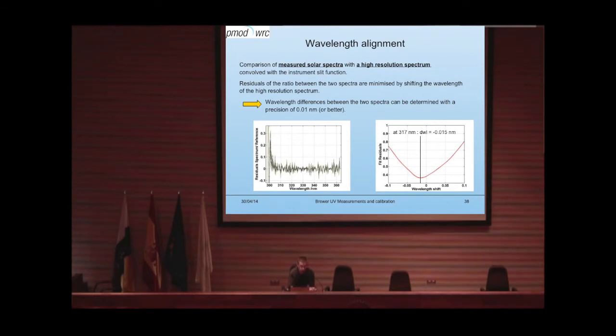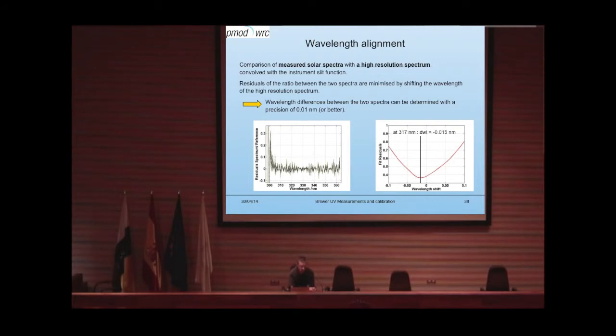The advantage that we have nowadays is that we have high-resolution reference spectra that are very accurate in wavelength, and we can use them to compare our measured spectra with this reference spectrum. And this method is really very powerful because you can detect a few hundredths, or better than a hundredth of a nanometer shift between your instrument and this reference spectrum.